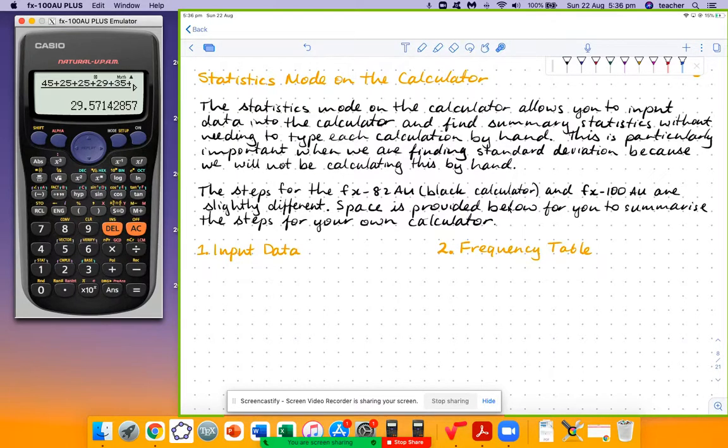The calculator I've got here is the silver calculator. Even though it's black, it has the functionalities of the silver calculator. If you've got a silver calculator, the buttons I press should be exactly the same. If you've still got a black calculator, the buttons could be a little bit different.